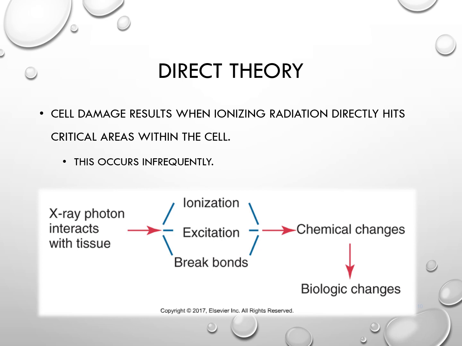In disrupting those atoms, it causes an excitation or it breaks those bonds. And then that leads to chemical changes within the cell, and those chemical changes lead to biological changes. Most X-rays will pass through the cell with little or even no damage.